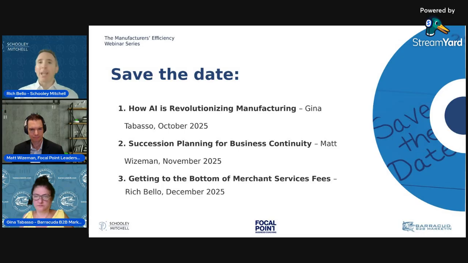Just some future topics for our series here. Next month, Gina's going to talk about AI, which seems to be the hot topic of conversation in most areas at this point, but she's going to discuss how it's revolutionizing manufacturing.